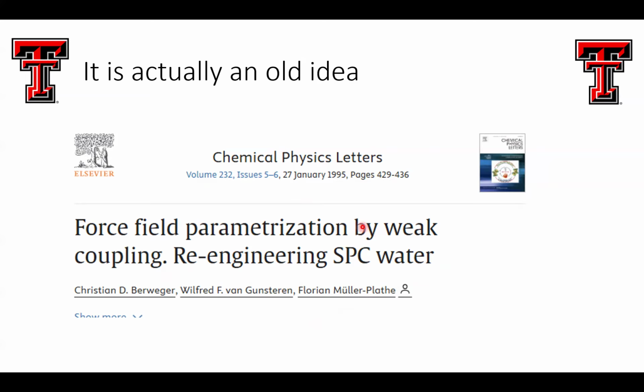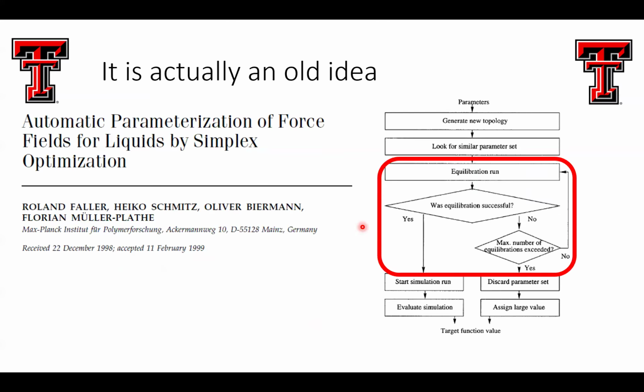And I actually got into this business already during my PhD. This is one of my first papers, probably my second or third paper. We submitted it in 98, so it was published in 99. This was part of my PhD work on automatic parameterization of force fields.